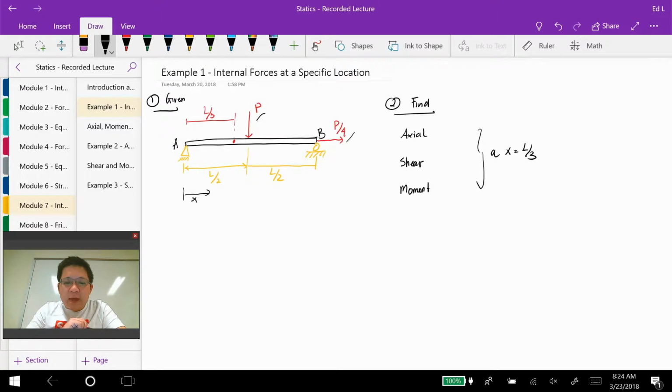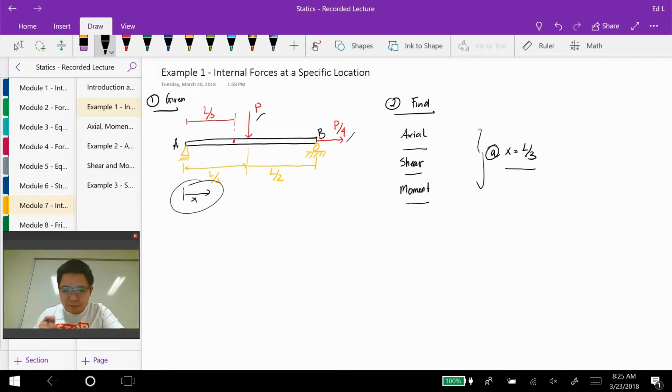Here we have to find the axial, shear, and moment internal forces at x equal to L over 3, where x is measured from left to right starting from point A.